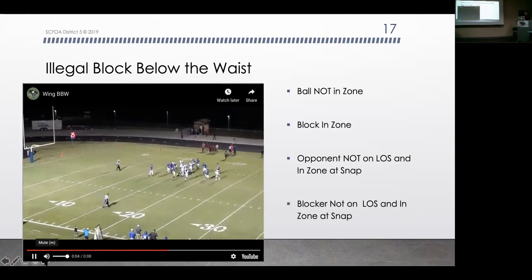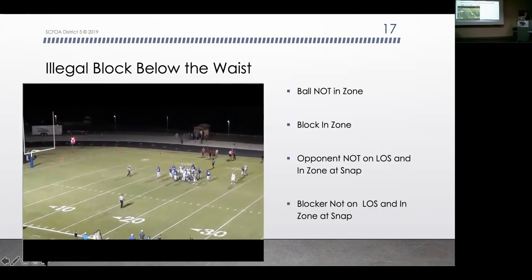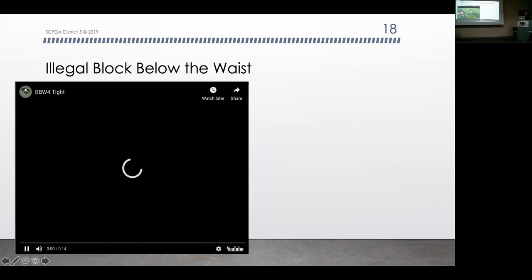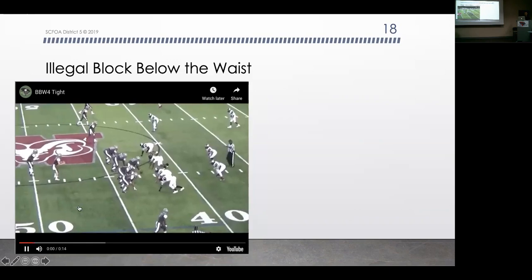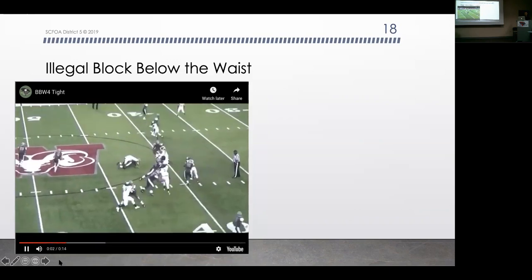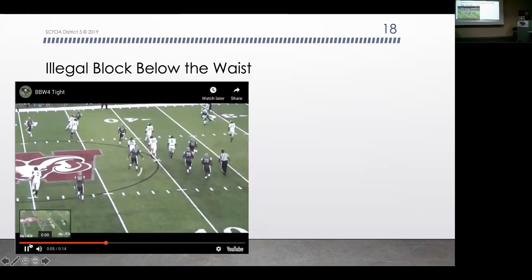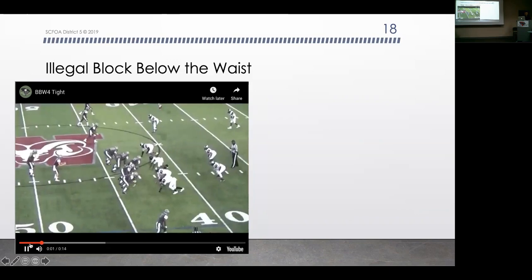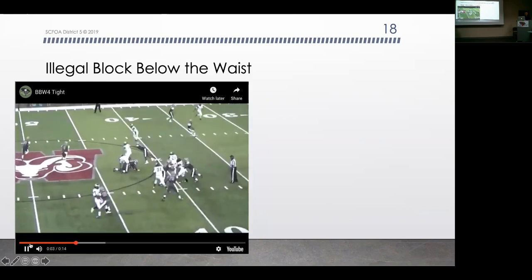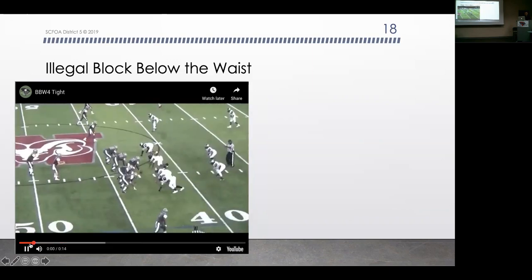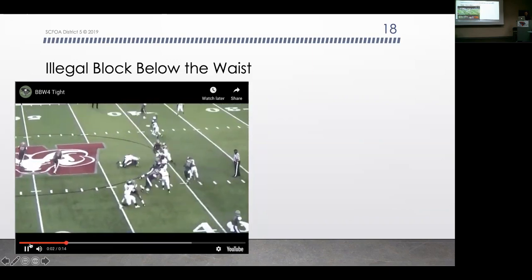Another one. What do we think about that one? Ball's out. So he delayed.